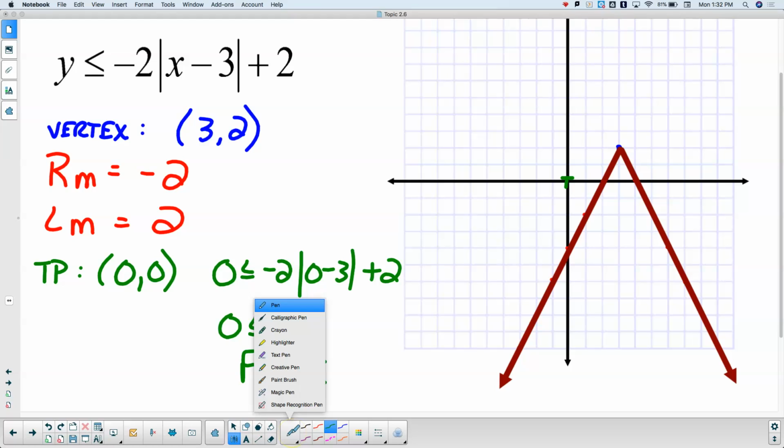How'd you get negative 4? Okay. 0 minus 3, negative 3, right? Absolute value is 3. Times negative 2 is negative 6. Plus 2 is negative 4. So the absolute value before you multiply by the negative 2, correct.